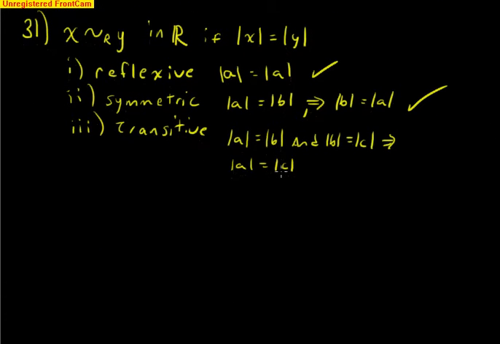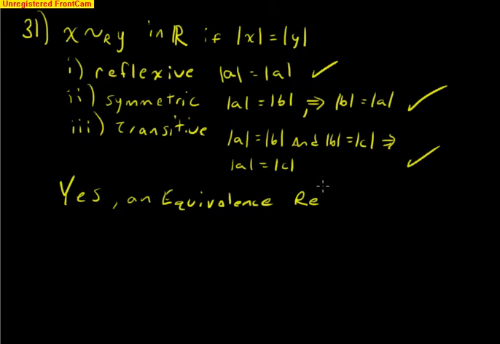Well, is this true? Everything is equal. If you have these two, yes, absolute value of a will be equal to the absolute value of c. Check. We can just move on from there. So yes, this is an equivalence relation.